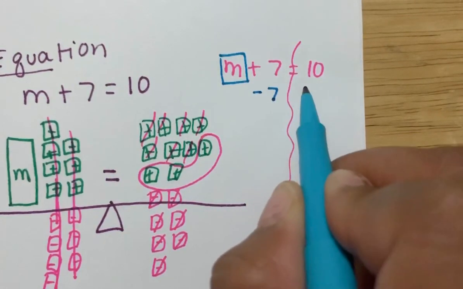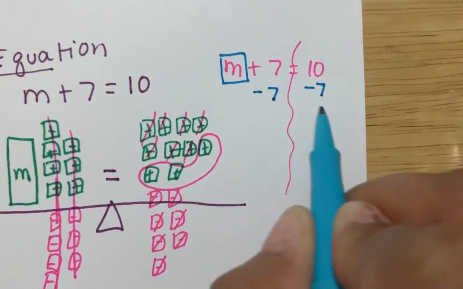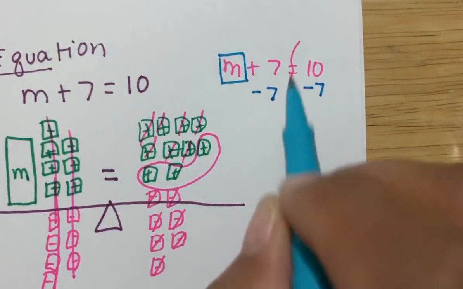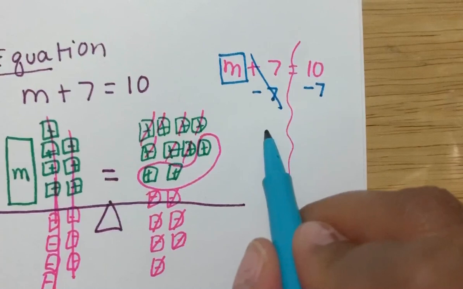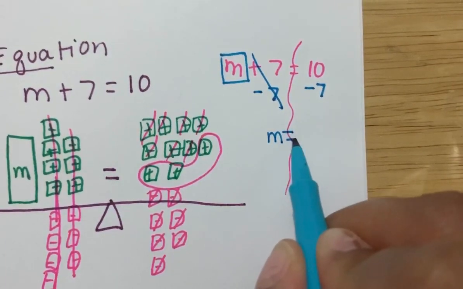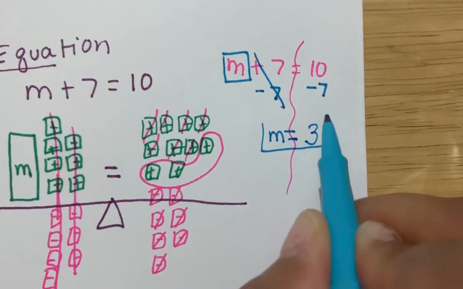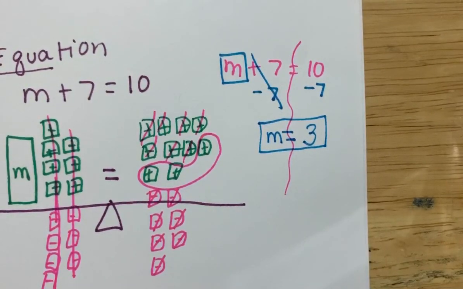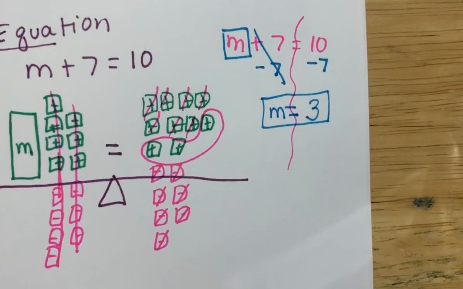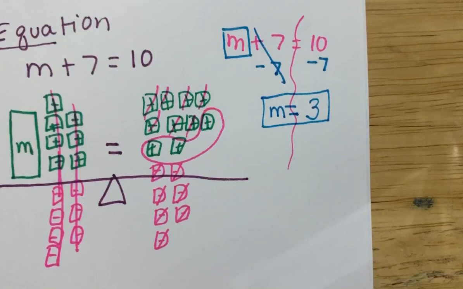And I have to do the same thing to the other side so that it keeps it balanced. So this is going to cancel out. And your m is going to equal 3. And so that is how you solve one-step equations with addition. And it's not very different with subtraction.